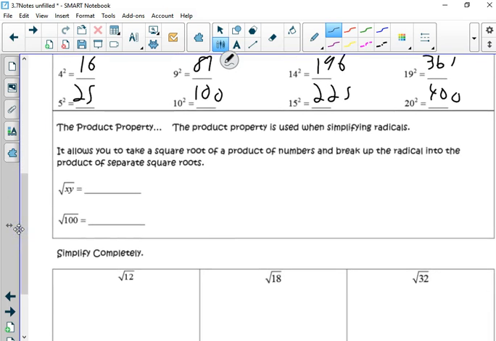All right. The product property is used when simplifying radicals. It allows you to take the square root of a product of numbers and break it up. So you can take this and break it up into this. You can separate it.